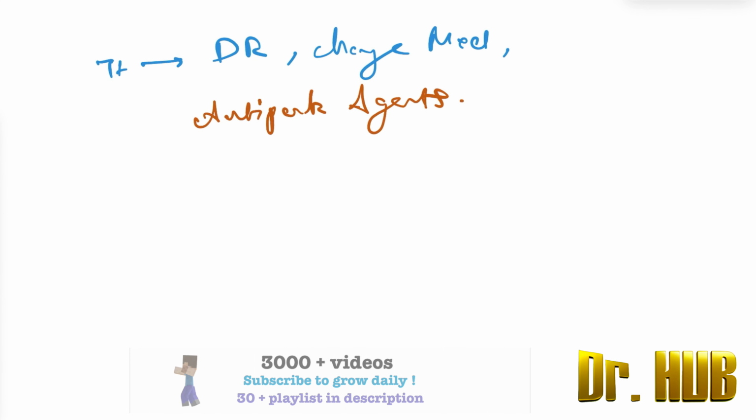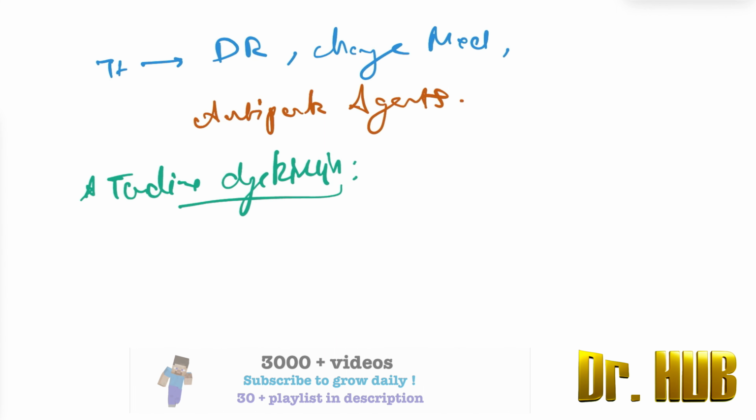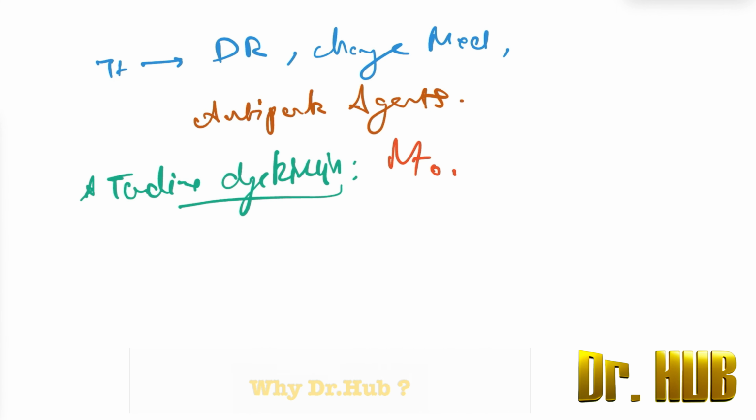Then we'll move on to something known as tardive dyskinesia. Tardive dyskinesia has an onset from months to years.